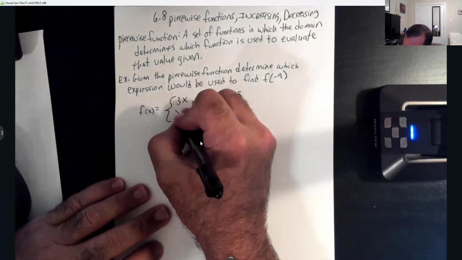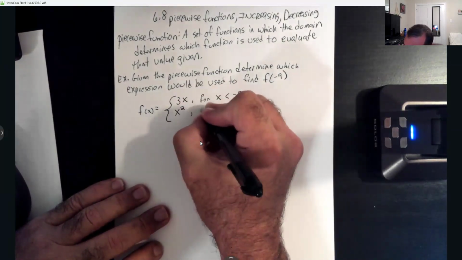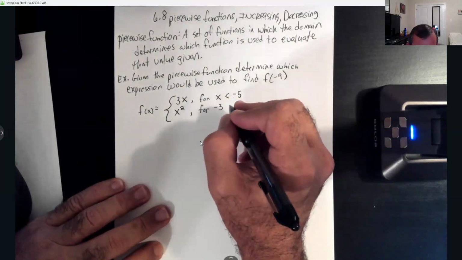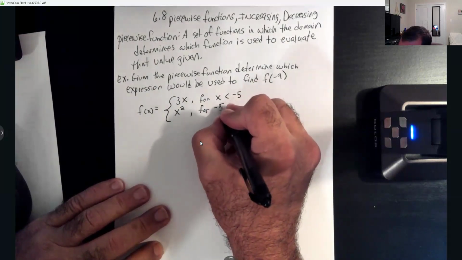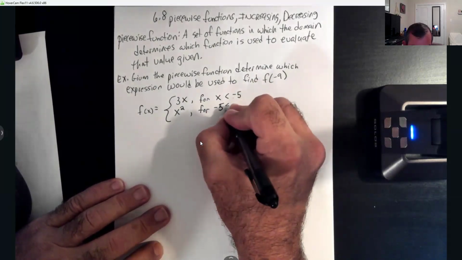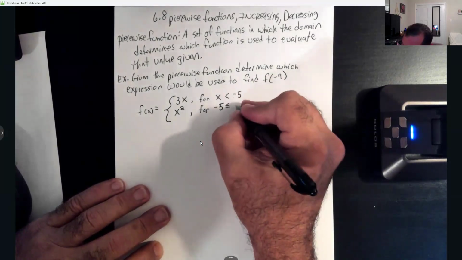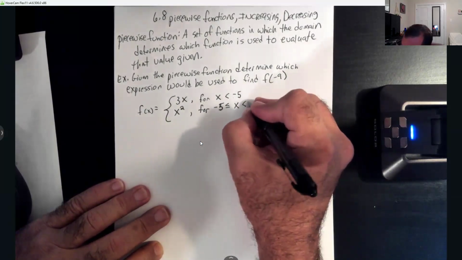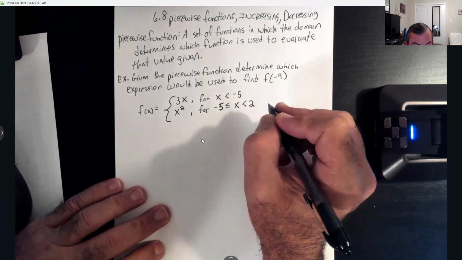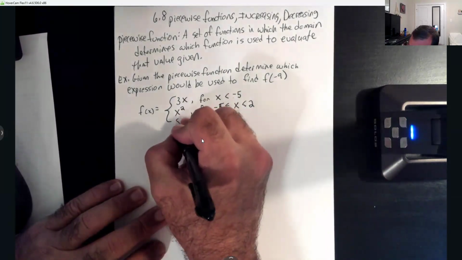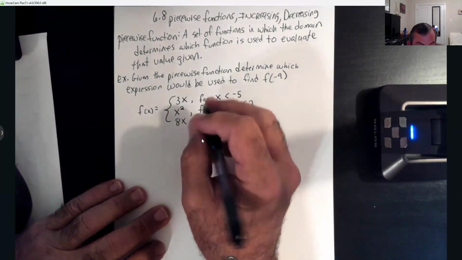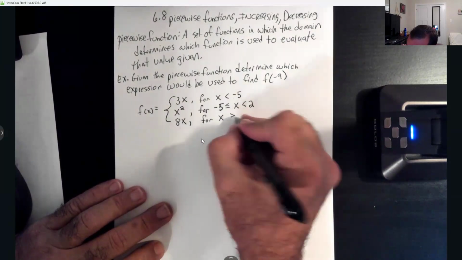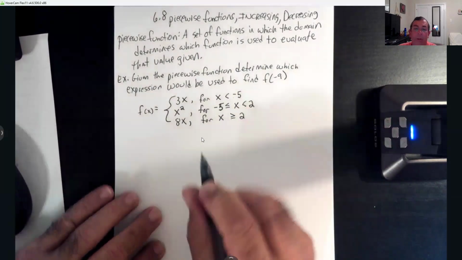I use x squared for -5 less than or equal to x, which is less than 2. And then I use 8 times x for any x that is greater than or equal to 2.